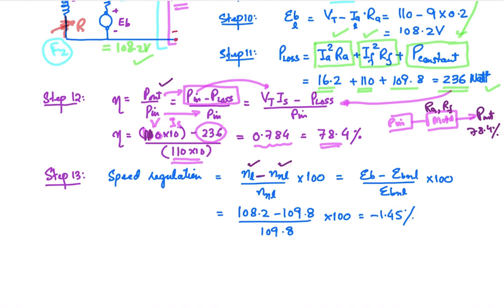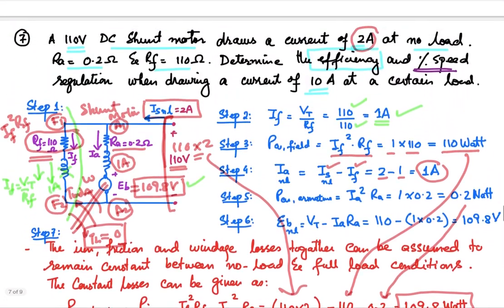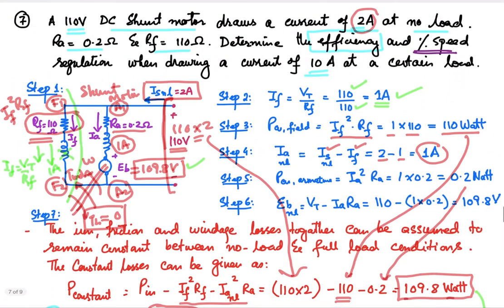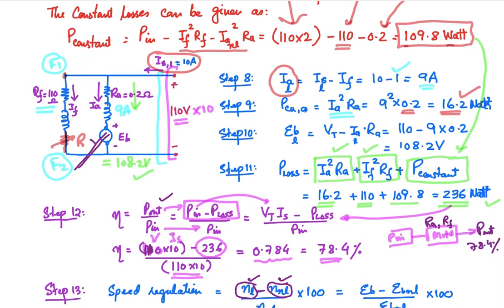That gives you the percentage change in the speed. Of course, speed information is required for that, but the speed is not given to us in this example. So we will take another way to find out this speed regulation.